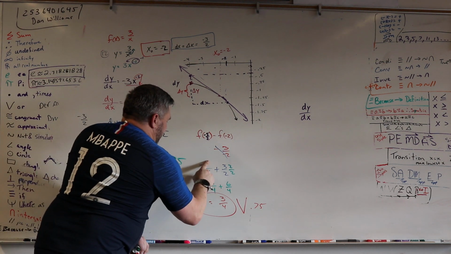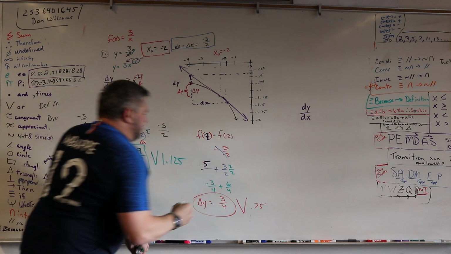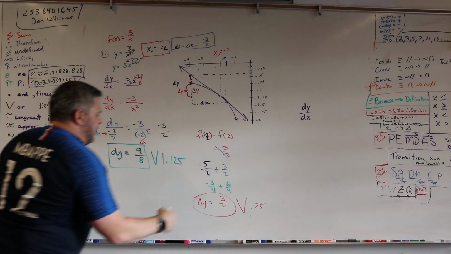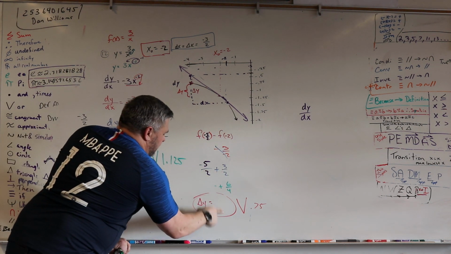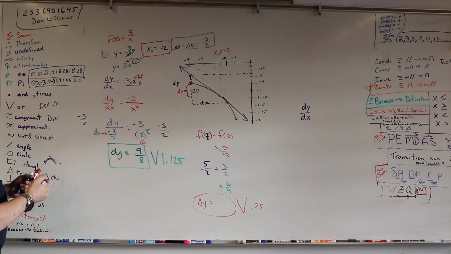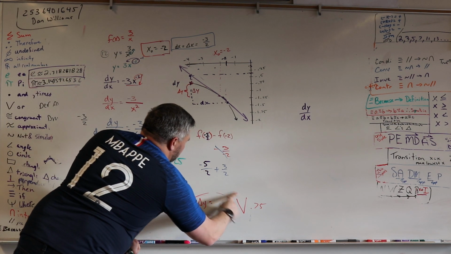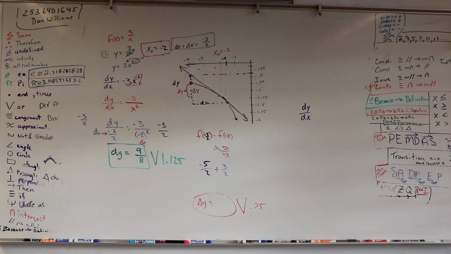So then this would be 5 over 2, and when we added those up, then we should get negative, that's still wrong, because that's negative 5 over 2. Oh, I still have to plug it in, duh.